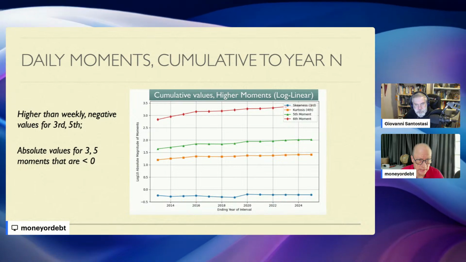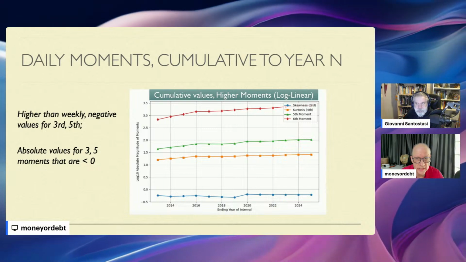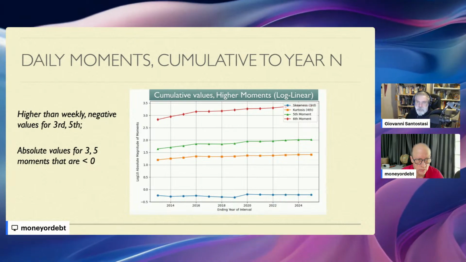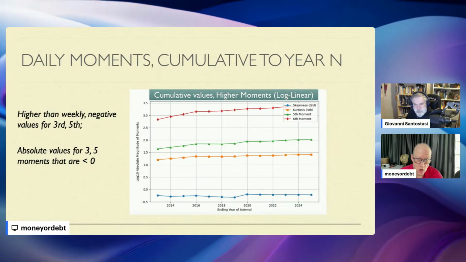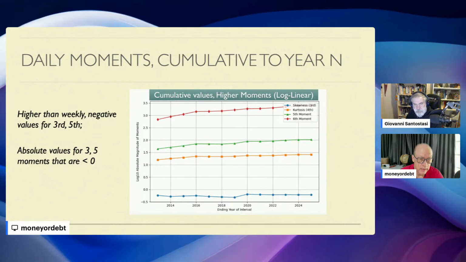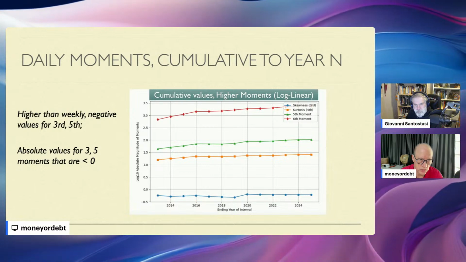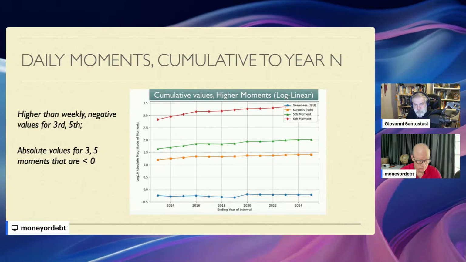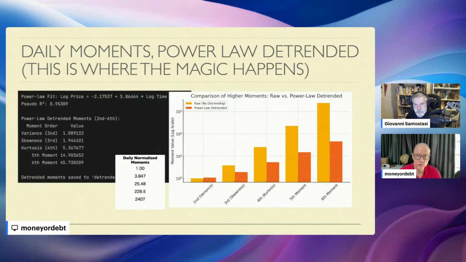And you see that they move around a bit, but the lines are relatively flat. It's logarithmic on the y-axis. So those are some significant moves of like 0.3 in the log. And in the case of the sixth moment, 0.5 in the log. They do tend to flatten out once you reach 2018 to 2020. Again, these are not power law detrended, so these are large values.